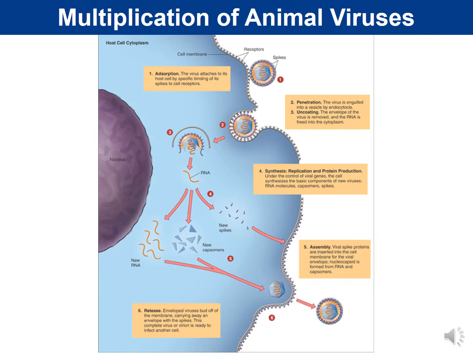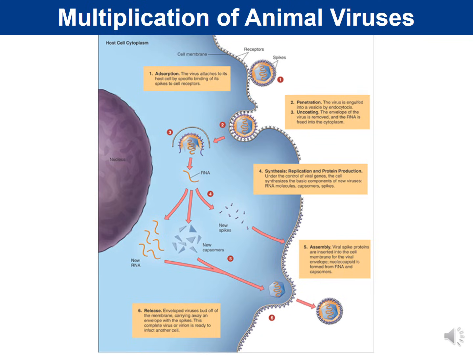Then we have uncoating, and in this case, the envelope is removed as well as the protein capsid. Now the nucleic acids are exposed, and now the virus can take its genome and direct the host cell into making it a virus-producing factory.